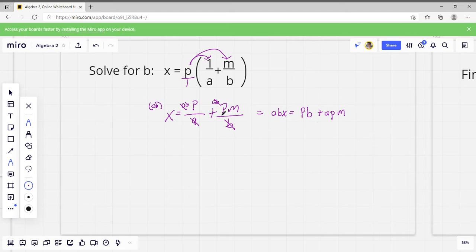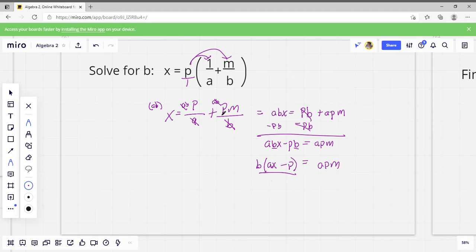Now we're trying to get b by itself, so we're going to need to move this to the other side of the equation. Now I need to pull b out, so factor it out. So b times ax minus p equals apm.